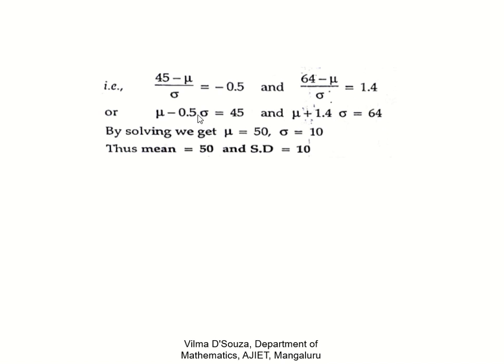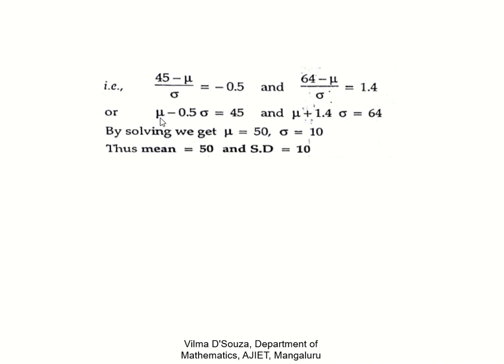So you have two equations with the two unknowns mu and sigma, right? Two equations: mu minus 0.5 sigma is equal to 45 and mu plus 1.4 sigma is equal to 64. So two equations in two unknowns.